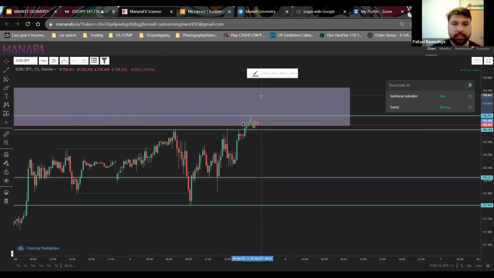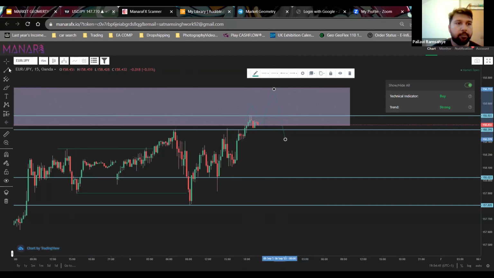Because essentially what you want to happen is, let's say, for example, it came to this point and then it came back down to this point, but then price action broke that previous high, so this previous high here, and then broke the low, which is here.